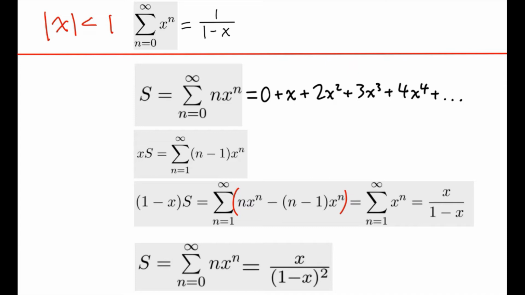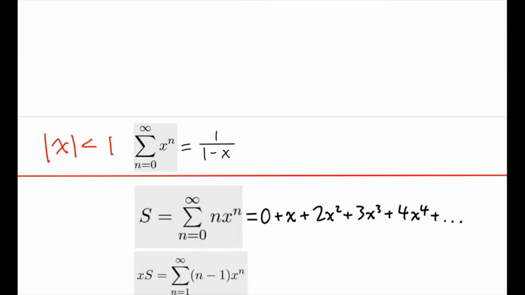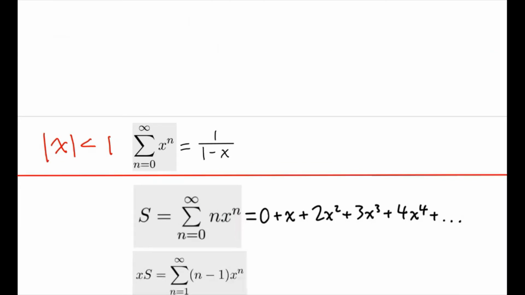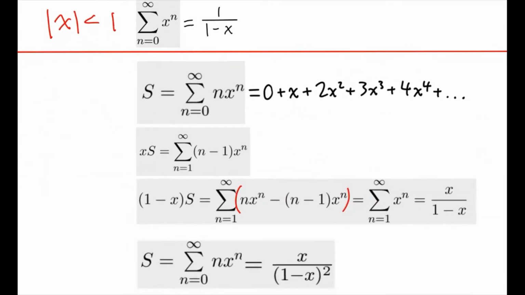Since here we have n equal to 0, and here n equal to 1, we just have to subtract 1, because the n equal to 0 sequence has that term and this sequence doesn't. So we're going to be left with this over here.